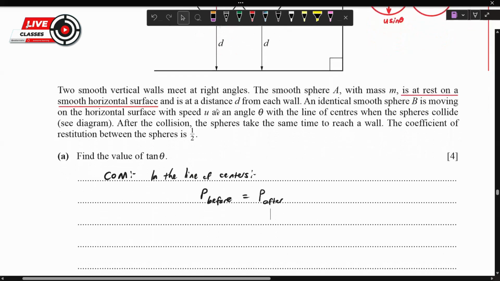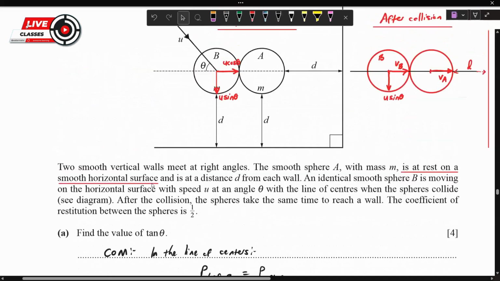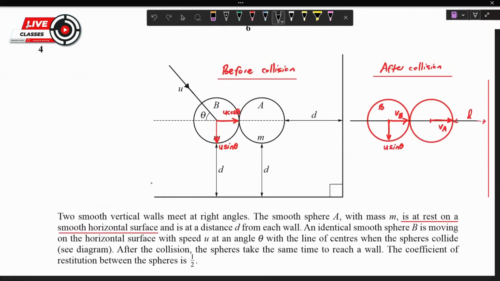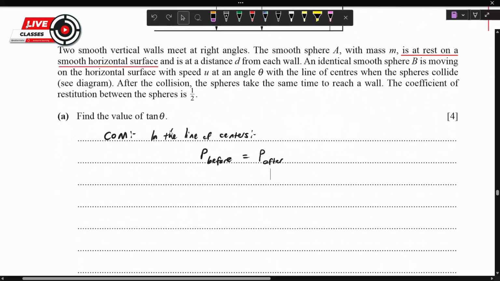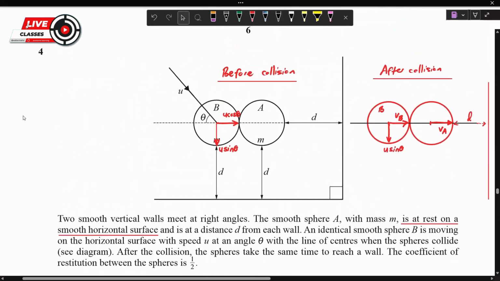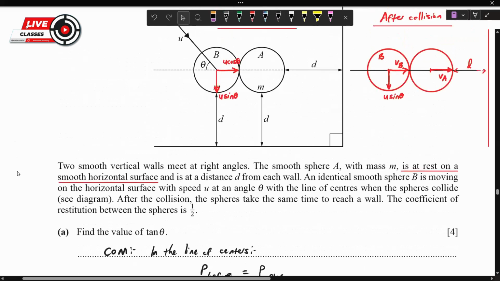So the momentum before collision in the line of centers would be mass times the speed, which is in the line of centers. So it's m u cos theta, basically. And that's for particle B. Particle A will be at rest. So there's zero momentum for it before collision. And then this is equal to the momentum after collision.